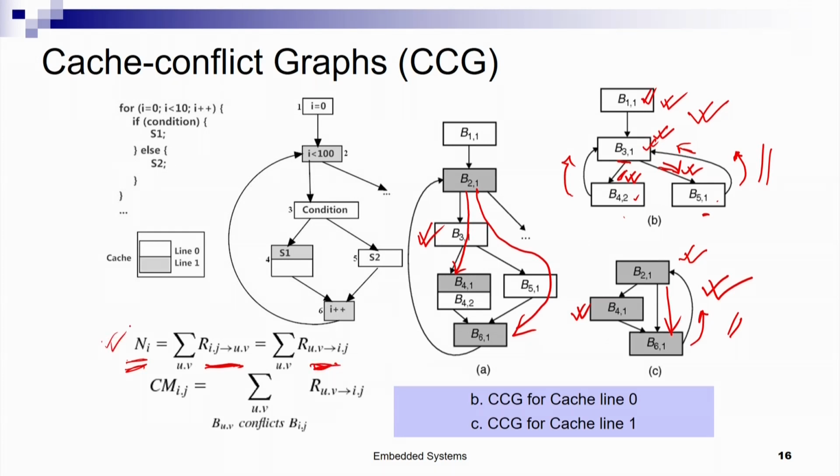Now, when we want to find Cmij, or the cache misses related to a certain memory block of a basic block: what is the number of times there will be a cache miss for memory block j of basic block I? It will be the number of times there will be a conflict between BUV and BIJ, which is equal to the number of times RUV to RIJ occurs.